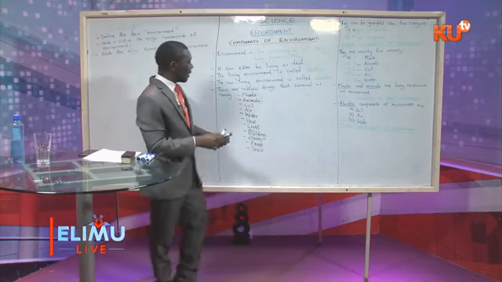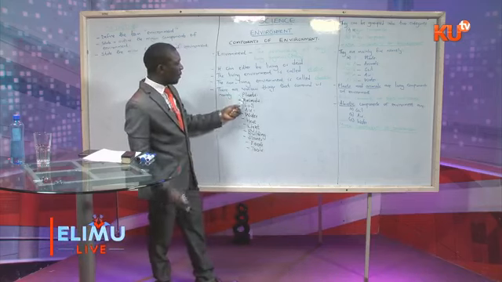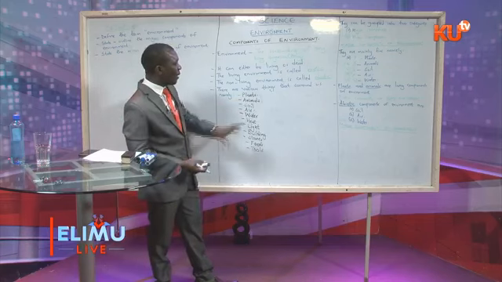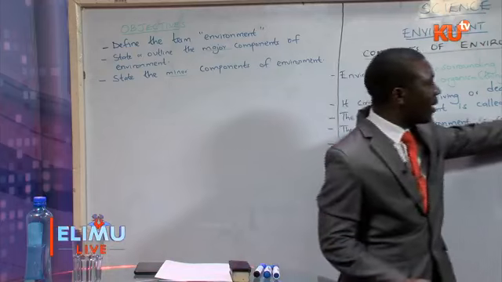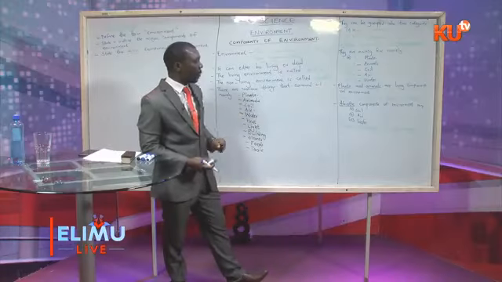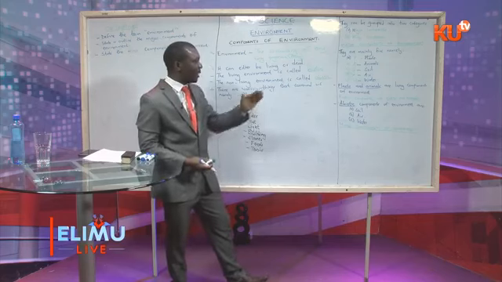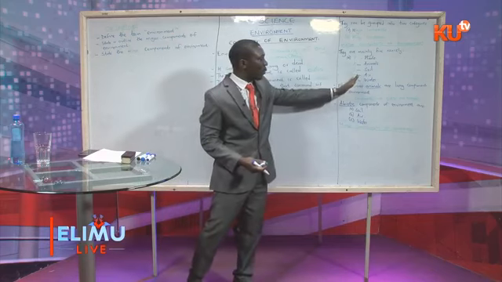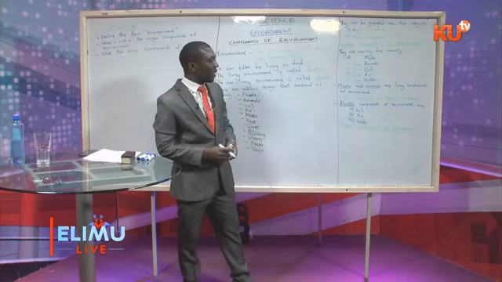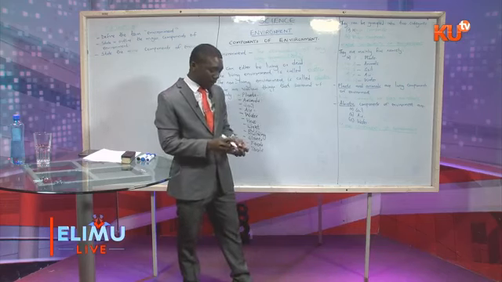These things that surround us here, I began with the plants, animals, soil, air, water. And I believe I began with the majority ones, the major. So the first five, we group them as the major components. And then the rest, anything that is added there, we know it is a minor component of environment.